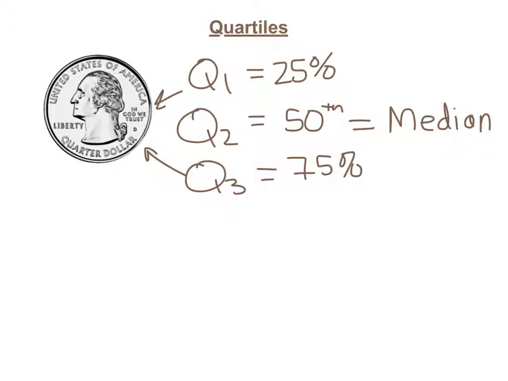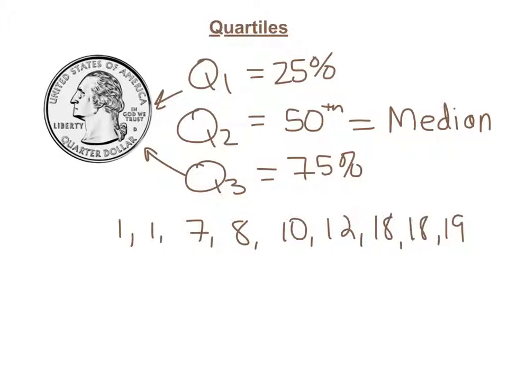And when you calculate the quartiles, you calculate the same as when you do any percentile, but they are given these special names. So if I had a set that looked like this, 1, 1, 7, 8, 10, 12, 18, 18, 19, that's my set, and I wanted to find the quartiles. Quartile 1. First of all, how many do I have? 1, 2, 3, 4, 5, 6, 7, 8, 9.